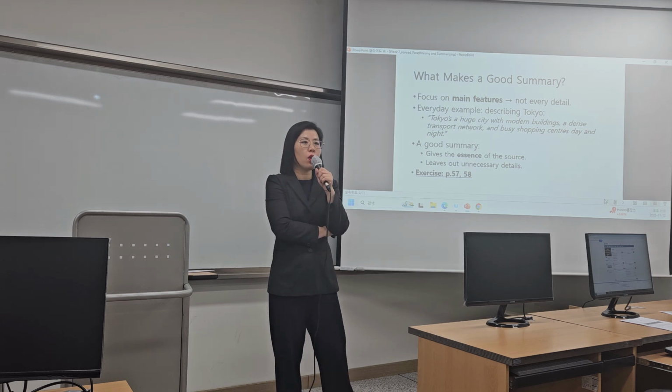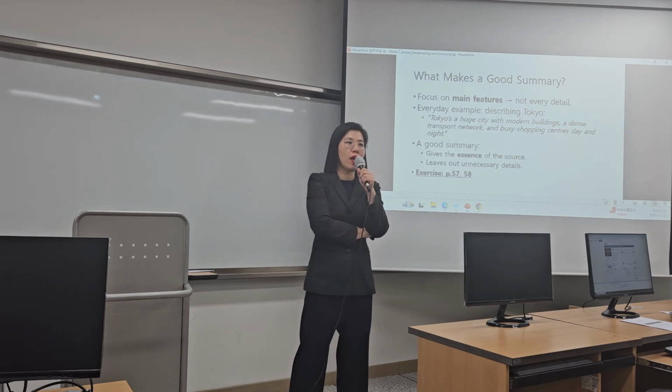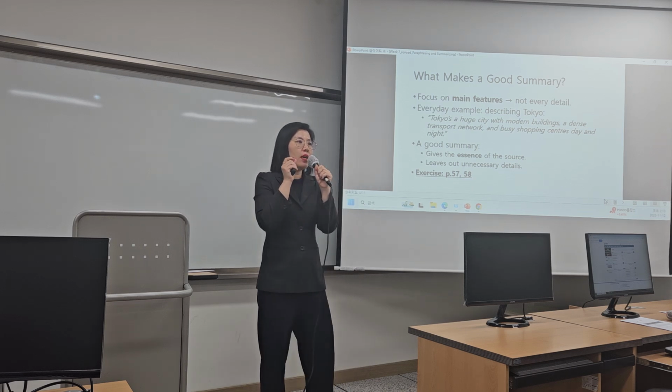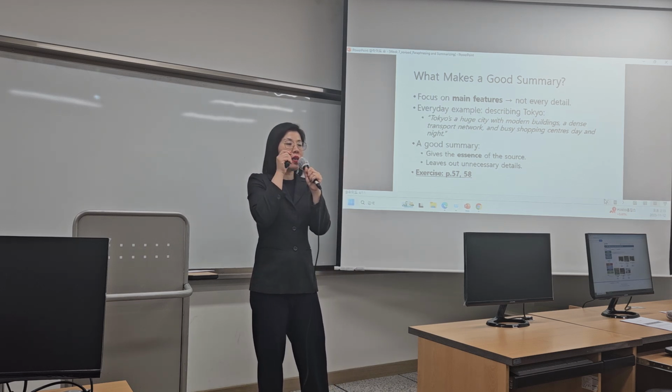So for a good summary, you have to focus on the main points or the main features of the text that you're reading, right? And I told you that when you're making a note with summaries, you have to jot down the source of the text, starting with the author's name, the year of publication, and the title of the publication.